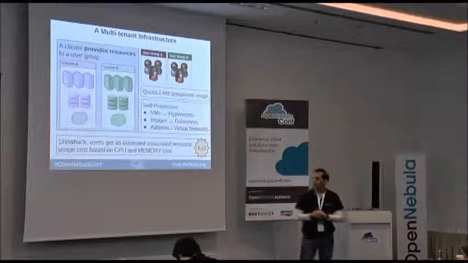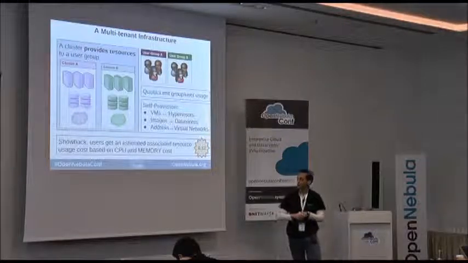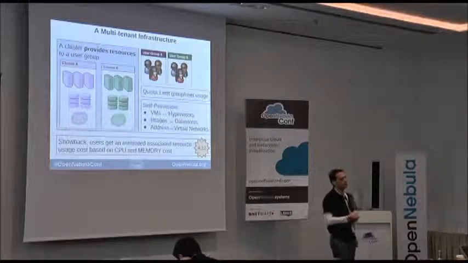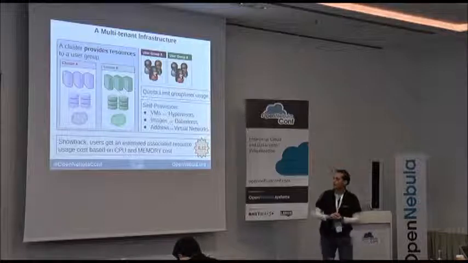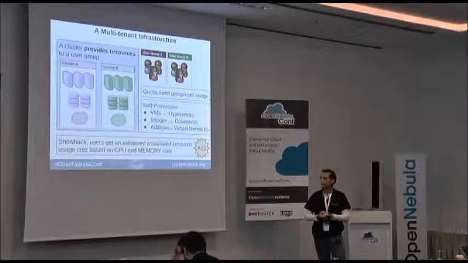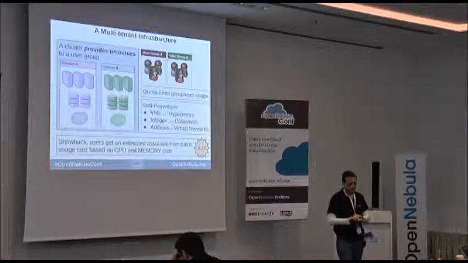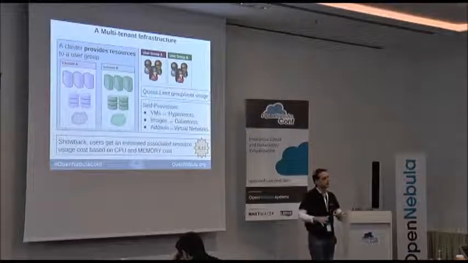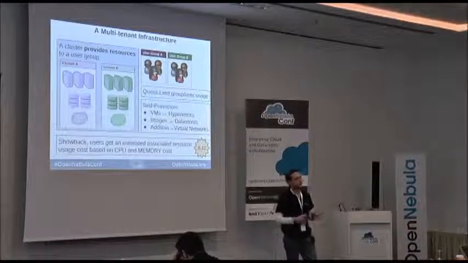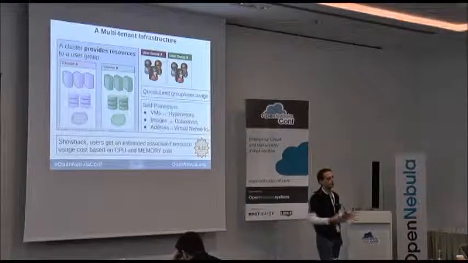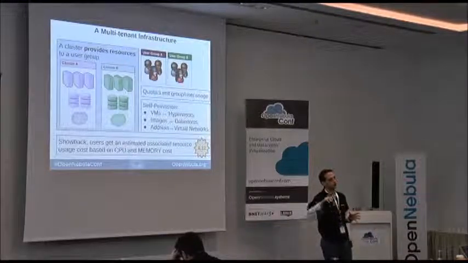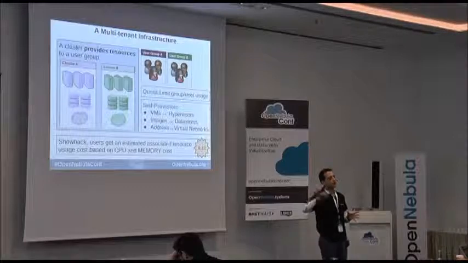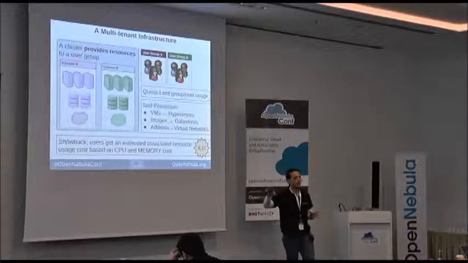So we implemented what we call showback in the next release. This is already in the master branch, so if you want to try it, it's already there. And the idea is that you are the system administrator, you prepare the virtual machine, and you assign a cost to the virtual machine in terms of the cost of the hours of CPU and the cost of memory.